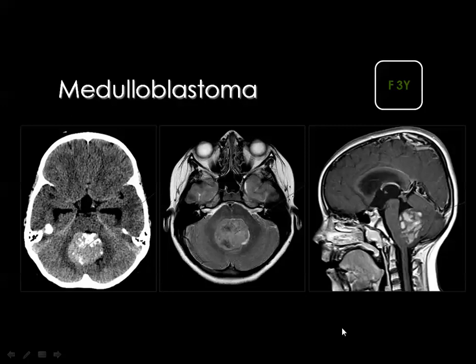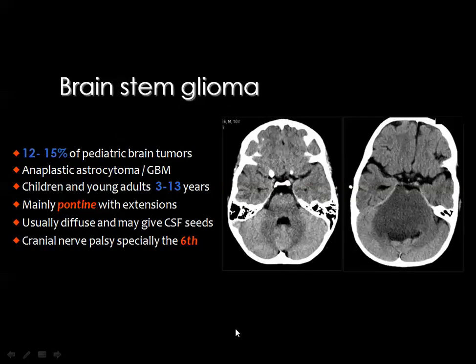Then we came to the brainstem glioma, which represents about 12 to 15% of the pediatric brain tumors. And you know, this lesion affects mainly the pons, and it can spread up and down. And the main presentation of the brainstem glioma is by cranial nerve palsies, especially the sixth one.